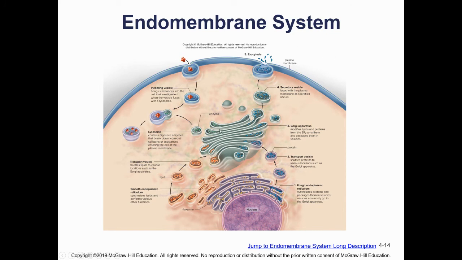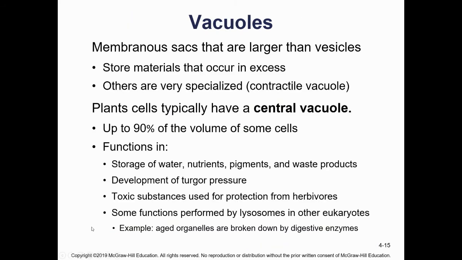If there's a mistake and I make a bad milk molecule, one of those lysosomes that I made over here by putting some digestive enzyme into a vesicle and releasing it out here is going to find that bad particle and merge with it and digest it and break it down into its building blocks and discharge those out of the cell to be removed with our circulation. So that's the endomembrane system and how those components work together.